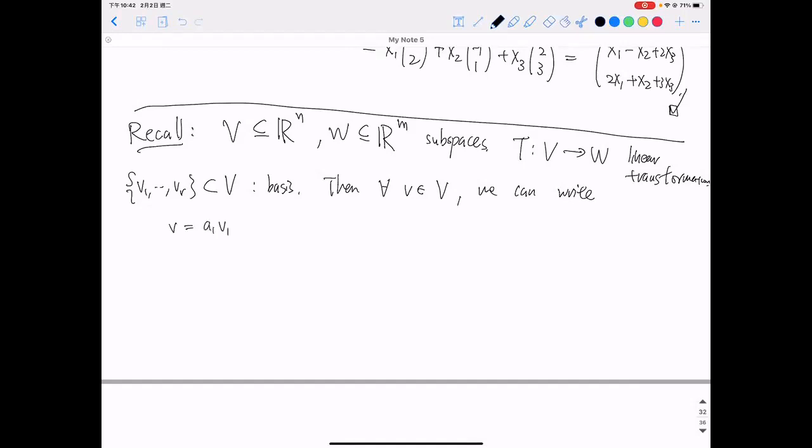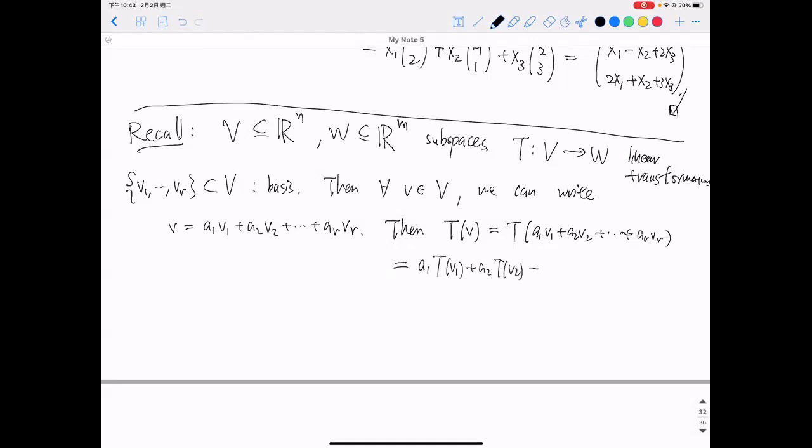So A1 V1 plus A2 V2 plus AR VR. Then the point is T of V is equal to T of A1 V1 plus A2 V2 plus so on, plus AR VR, which now, if you use the linearity requirement, is equal to A1 T of V1 plus A2 T of V2 plus so on, plus AR T of VR.